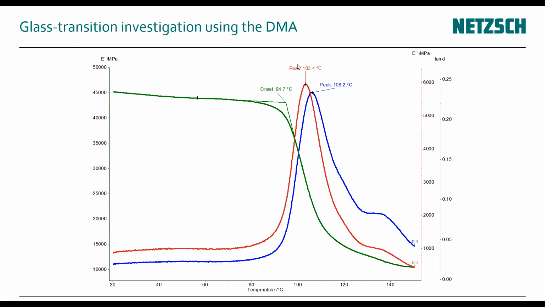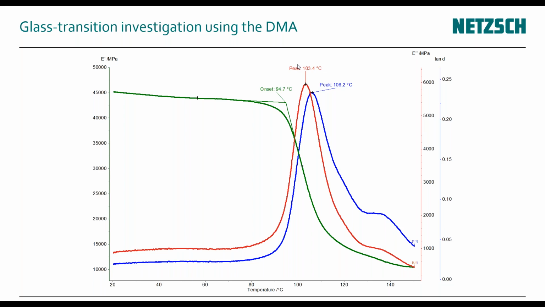If we look very closely at the glass transition, as I name it, it's a transition region. Our glass transition is happening in our composite material, let's take this graph here and look at the x-axis, from 80 to about 120 degrees Celsius.